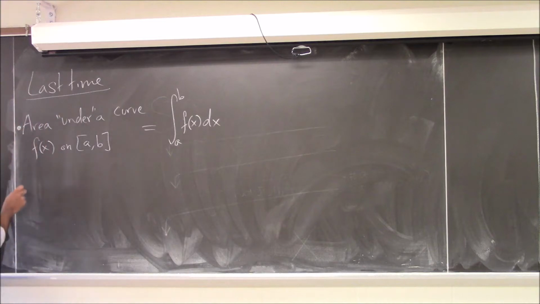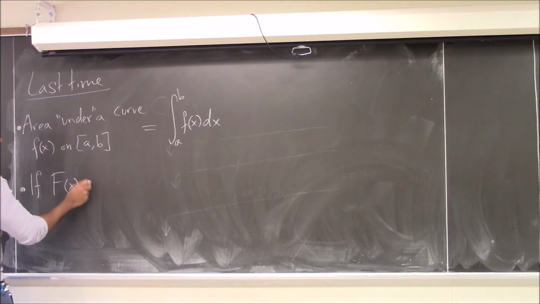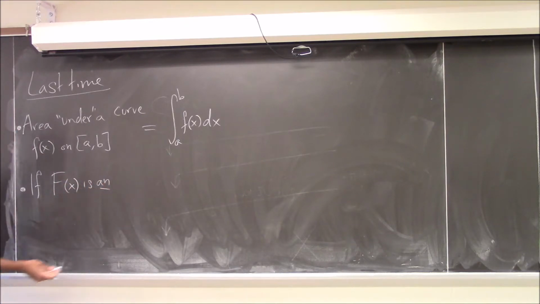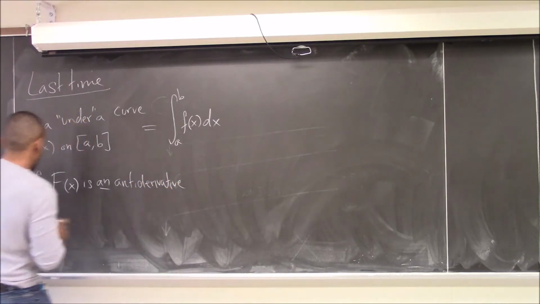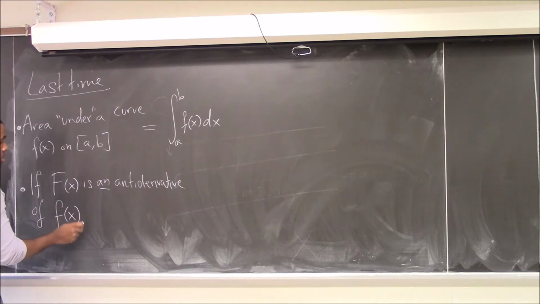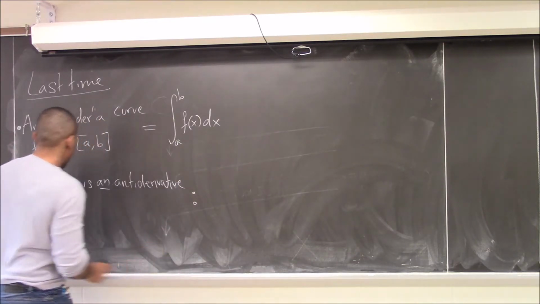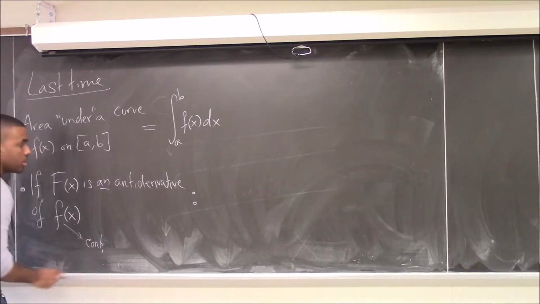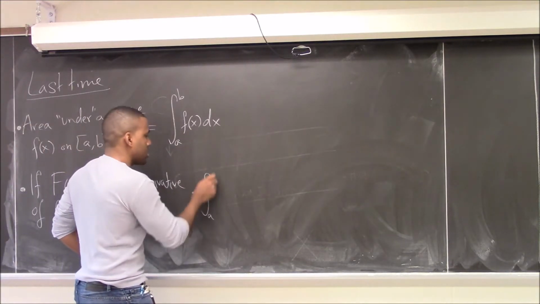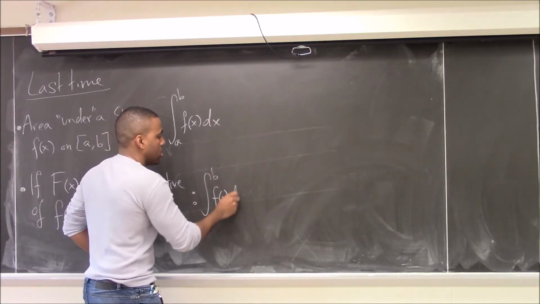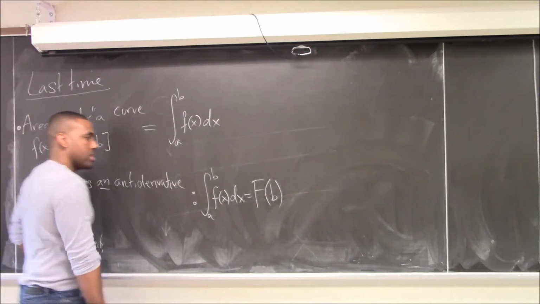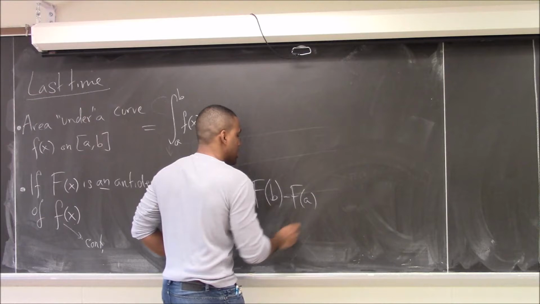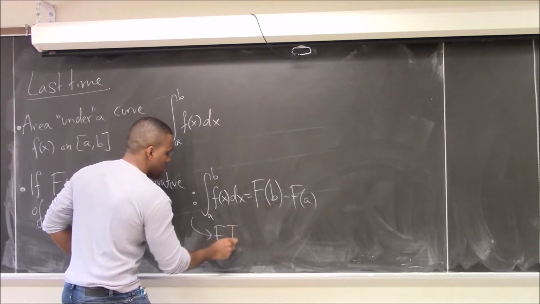We also noticed that if F of x is an antiderivative, because it's not unique, of the function f of x, and of course f of x here we're assuming to be continuous, then it turns out that this guy we could compute by plugging in the upper limit into the antiderivative and subtracting the lower limit into the antiderivative, and this was called the fundamental theorem of calculus.